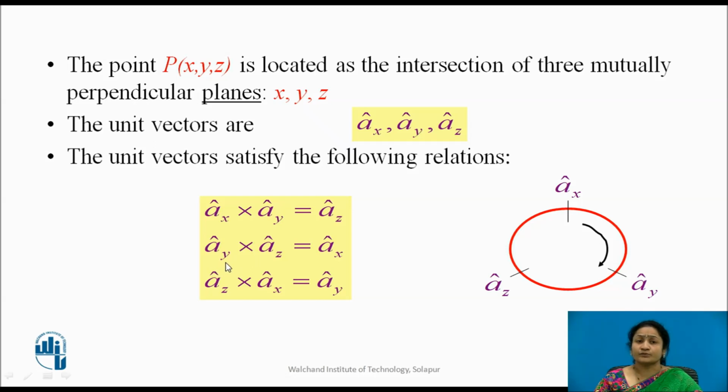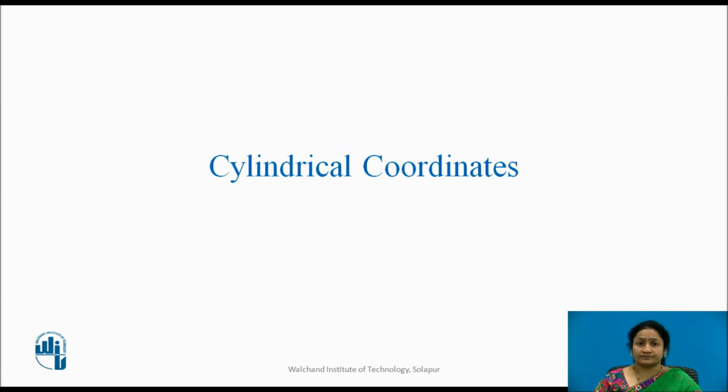The cross product of ax and ay gives a resultant vector in the z direction. Similarly, the cross product of ay and az gives a resultant vector in the x direction. And the cross product of az and ax gives a resultant vector in the y direction.